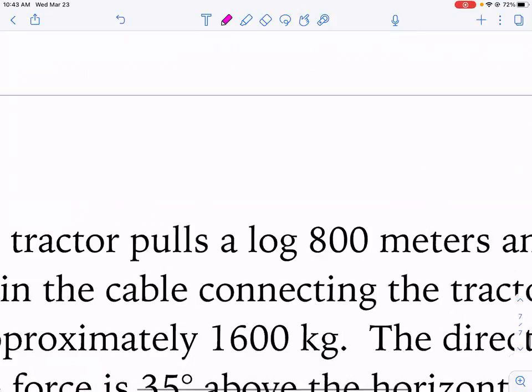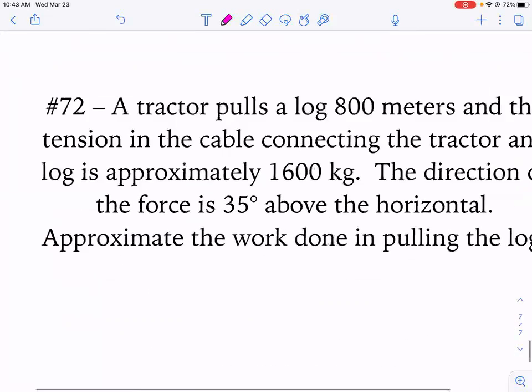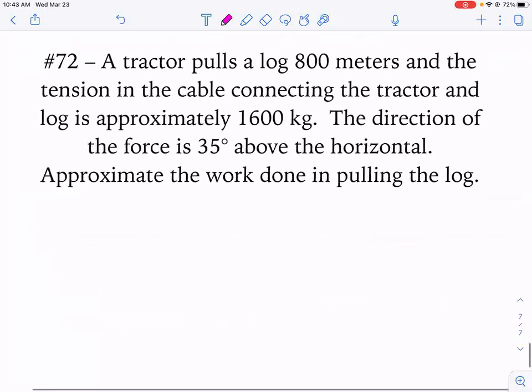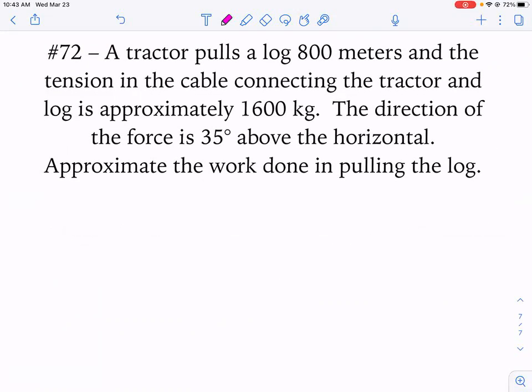This is problem number 72 from section 6.4. A tractor pulls a log 800 meters, and the tension in the cable connecting the tractor and the log is 1,600 kilograms. The direction of the force is 35 degrees above the horizontal.